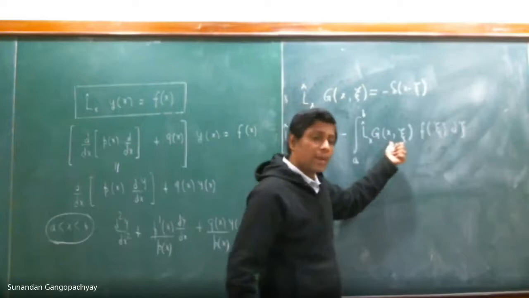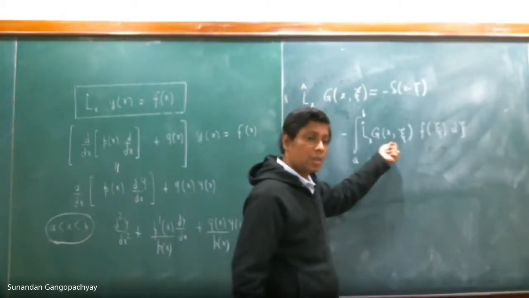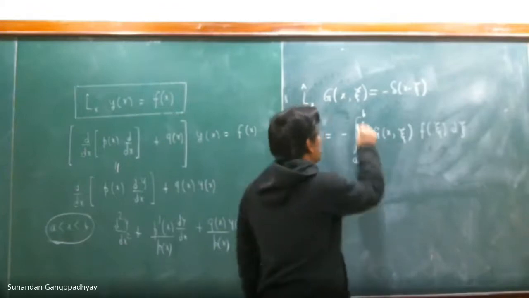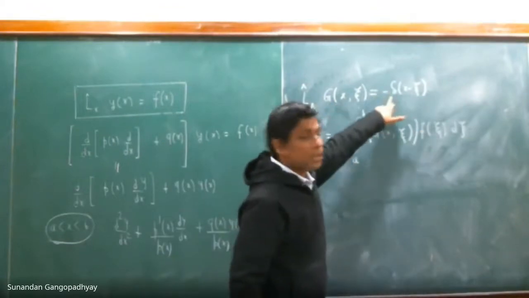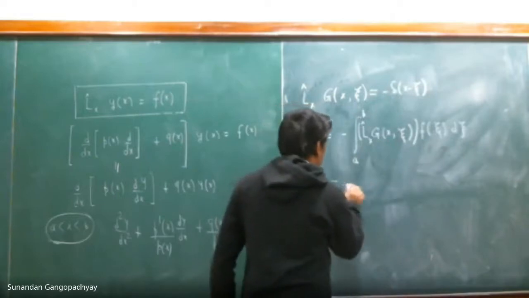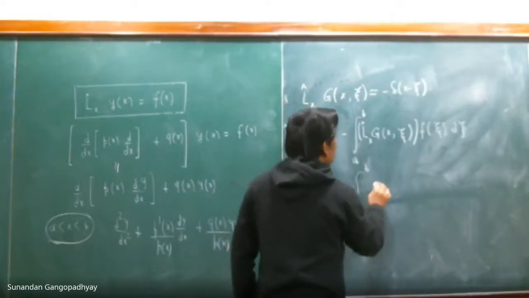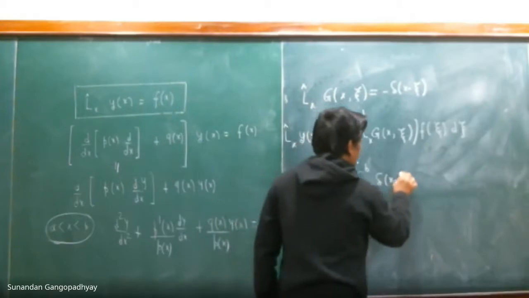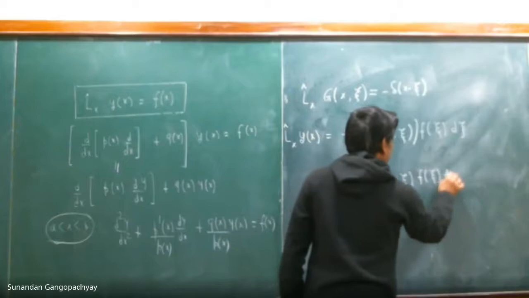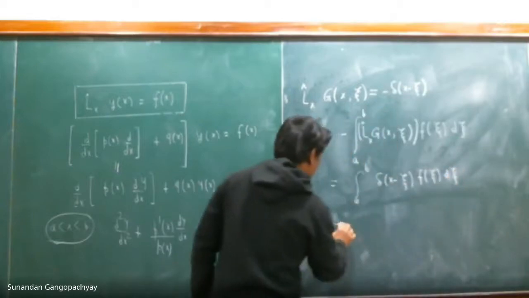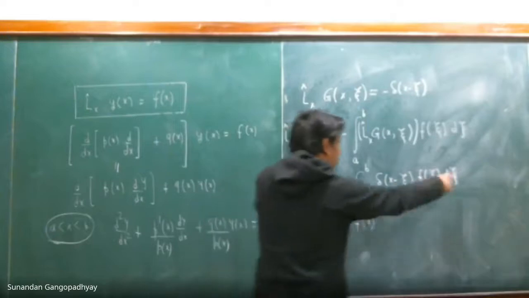Since it is a function of x, L at x will act on g. But what is L at x acting on g? It is a delta function. So minus and minus sign, this will give you a plus. So this will be the integral from a to b of delta x minus xi f of xi d xi, and that is equal to f of x. You perform this delta function integral, it is trivial, it's f of x.